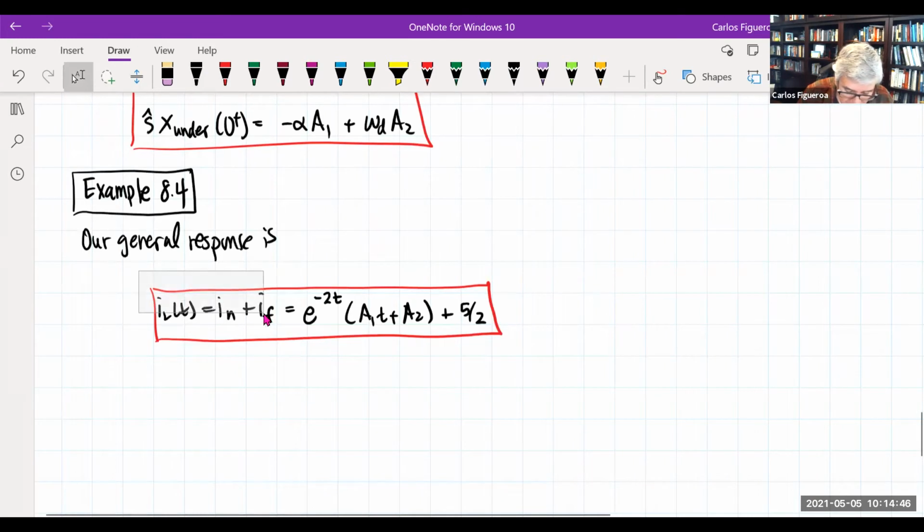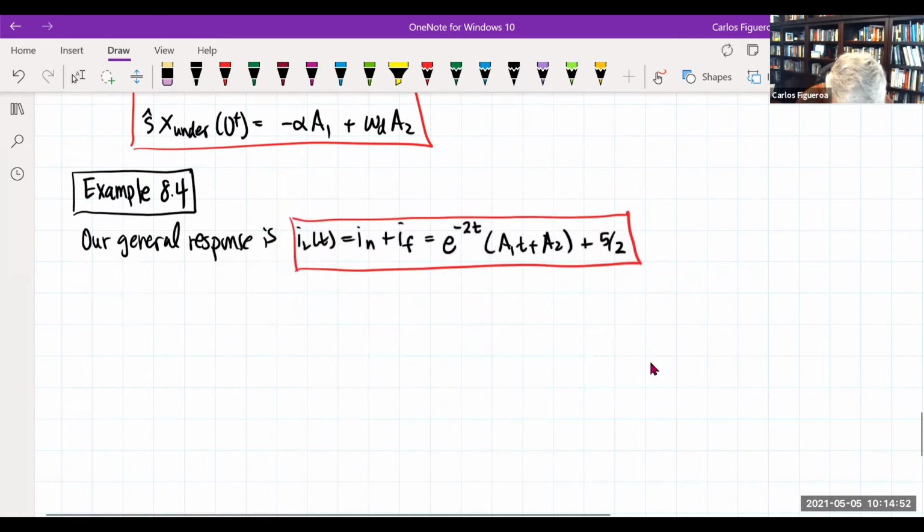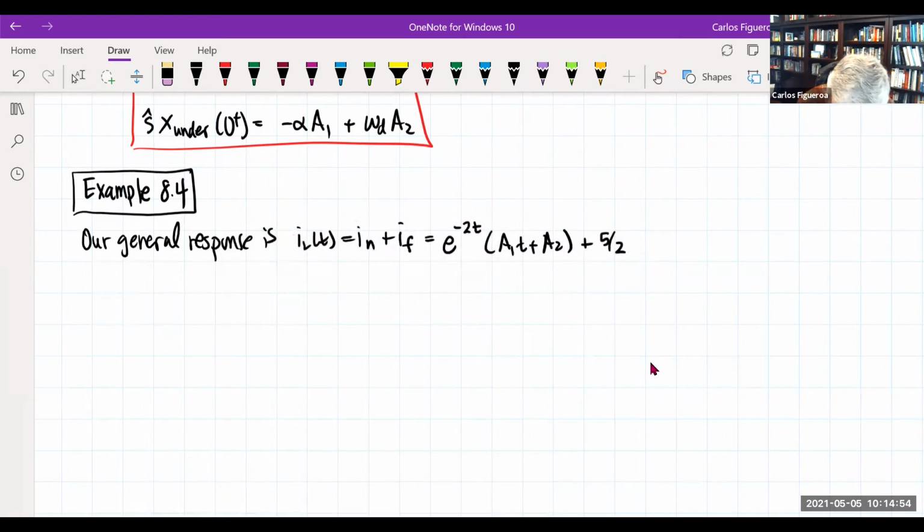Now I've got to go apply the initial conditions that we solved for. Okay, so here's my general response.